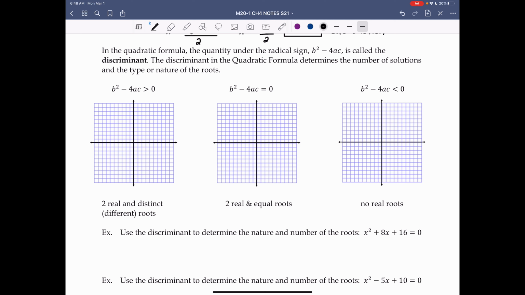If b squared minus 4ac is greater than 0, so a positive number under the square root, we get two real and distinct, which means different, roots or solutions. So if the quadratic opens up, that might look like this, where we have two x-intercepts, 1, 2.